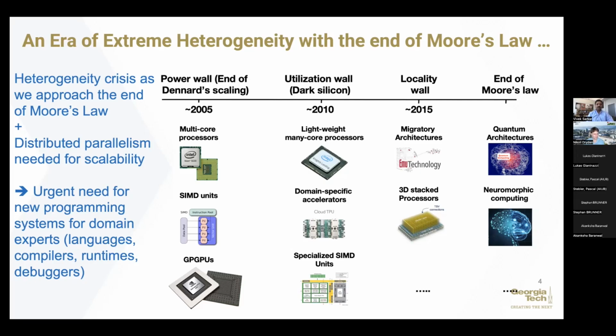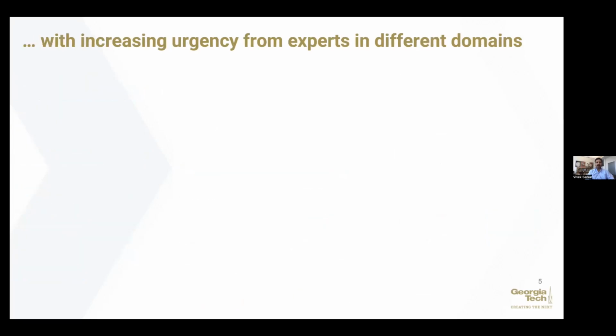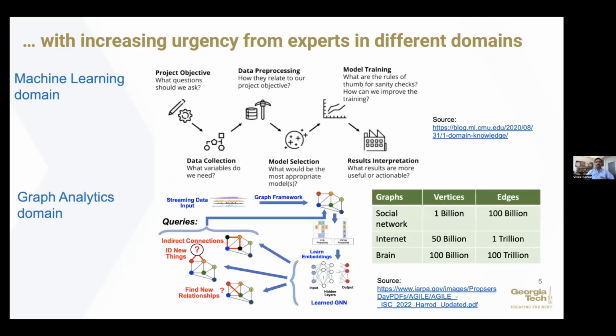And so there's an urgent need for new programming systems to enable domain experts to use all this hardware that's now proliferating with the end of Moore's law, new hardware trends. And they're experts in different domains. So I made allusion to the fact earlier that machine learning and AI applications are one where there's a lot of interest from domain experts. And domain experts try to use information from different sources.